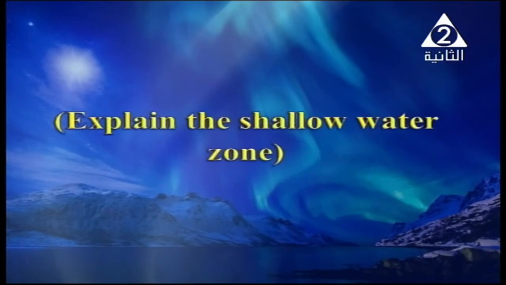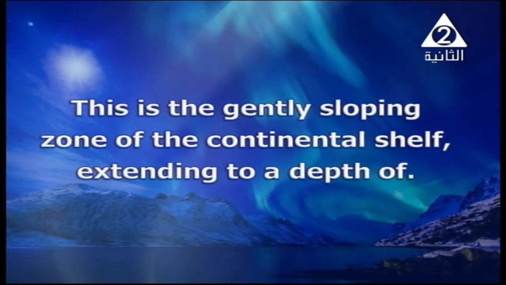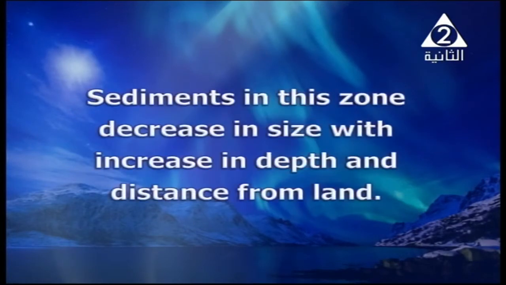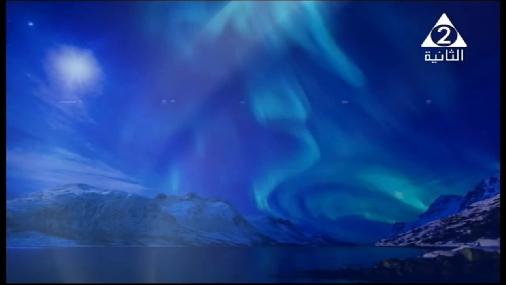Let us explain the shallow water zone. This is the gently sloping zone of the continental shelf, extending to a depth of 200 meters. Sediments in this zone decrease in size with increase in depth and distance from the land.